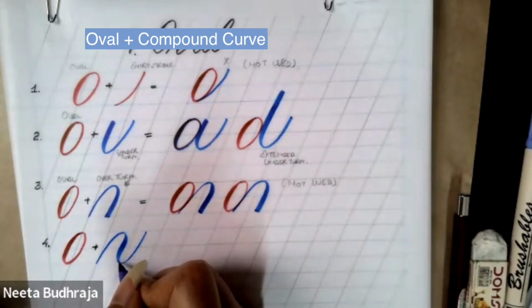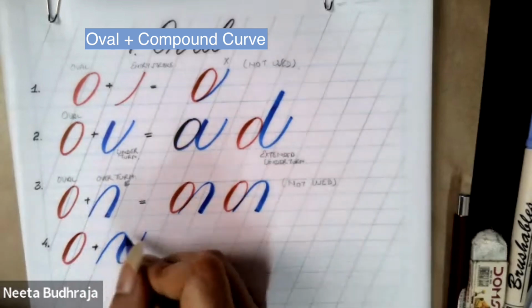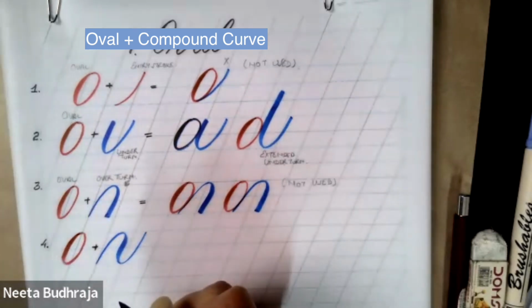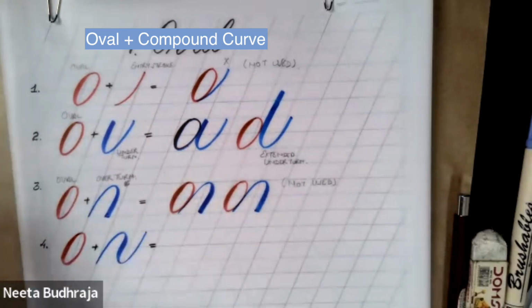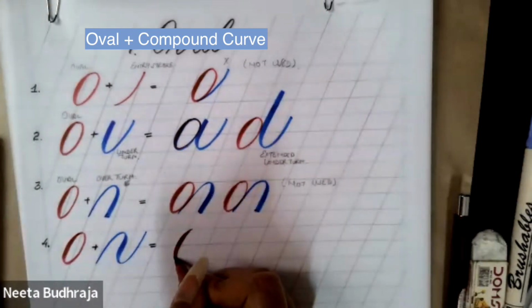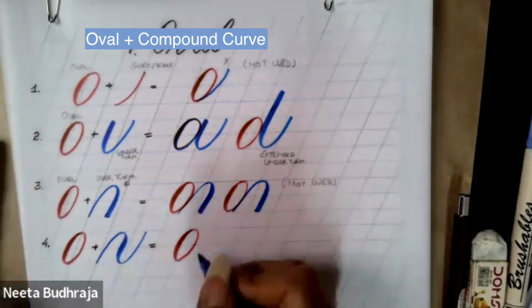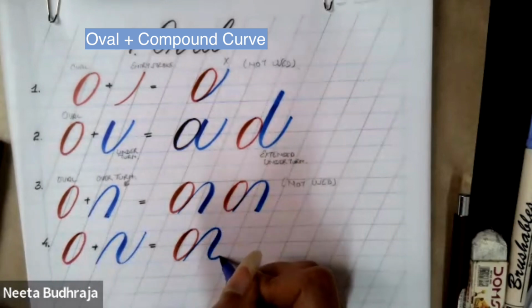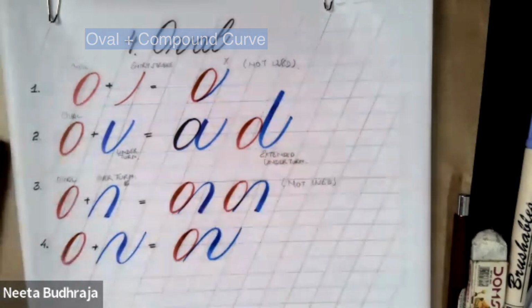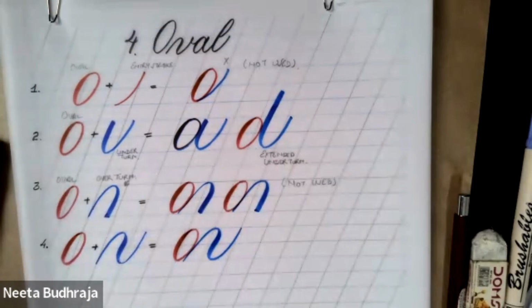We already know that our compound curve is a combination of overturn and underturn. So do you think we use any such combination? Let's write. I don't think that we use any such combination.